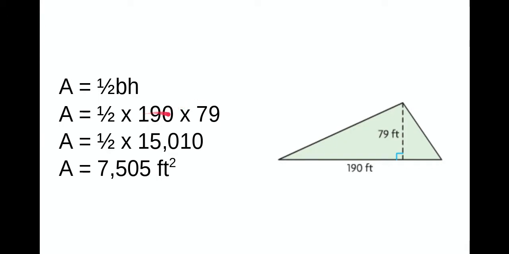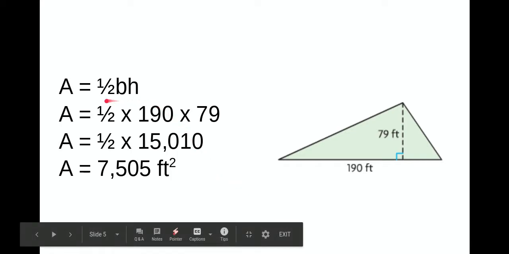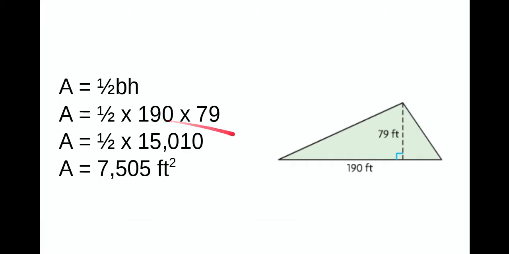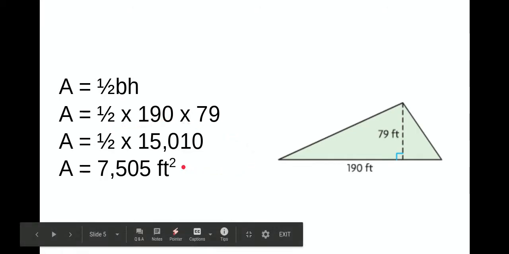So these x's stand for multiplication. Forgive me. This is 190, that's your base. This is 79, that's your height. If you have a calculator that has the ability, like the Texas Instruments blue TI-15 that we had in school, you could type all of this in at one shot and hit equals, and it'll give you your area, 7,505 feet squared.